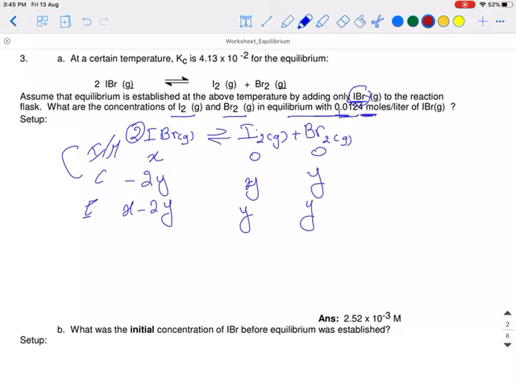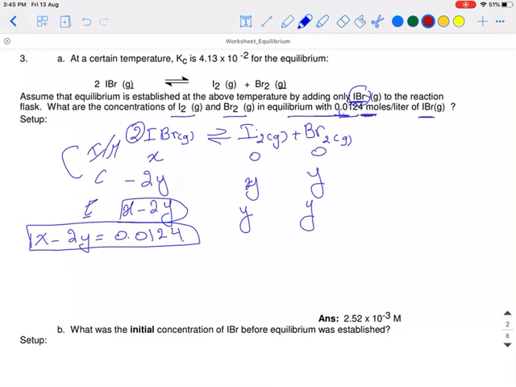I can benefit from this to construct equations. I have that IBr at equilibrium is 0.0124. So the first equation I can construct is that x minus 2y equals 0.0124. Now let me find K. K equal the concentration of I2 times Br2, all divided by IBr. Let me substitute.